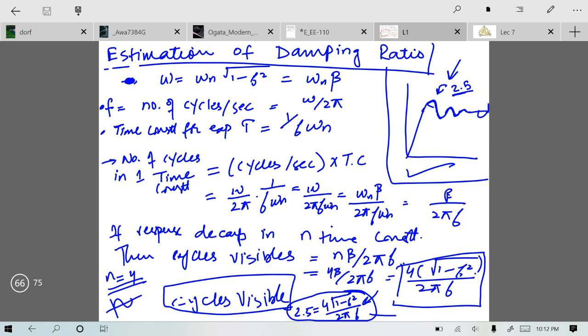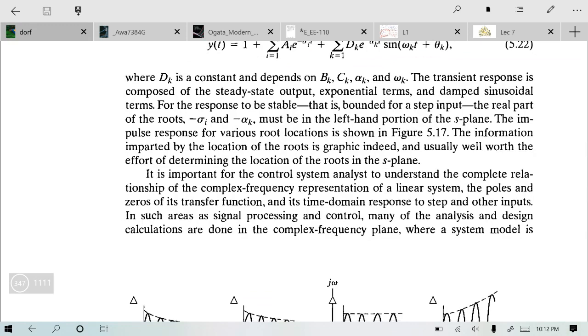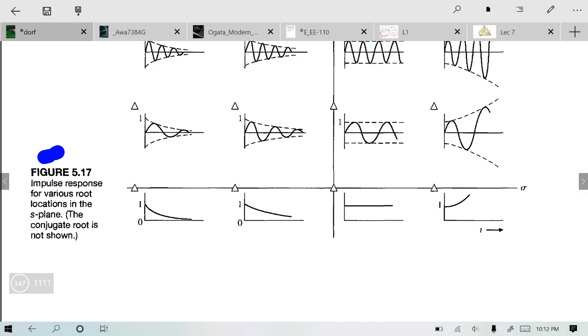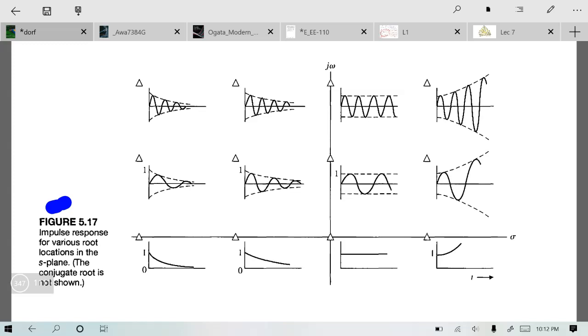And one last thing that I would be discussing is in this book, Dorf. Figure 5.17 is a very interesting figure. It gives the impulse response for various root locations in the s-plane.